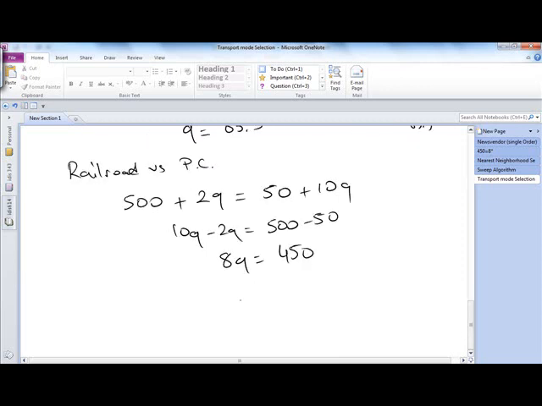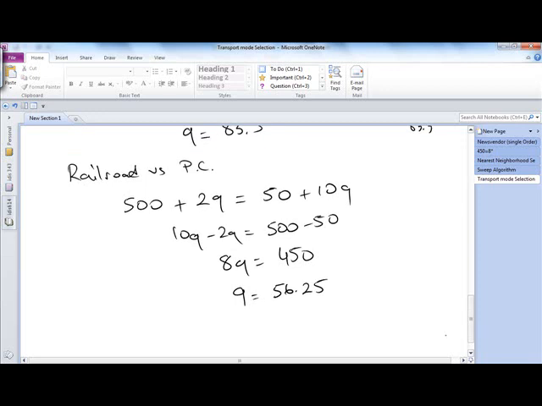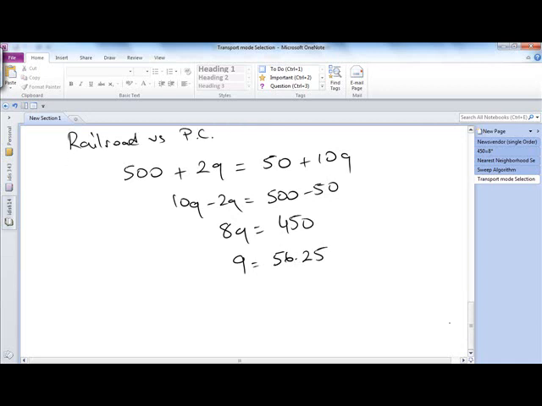If my calculations are correct, this is going to be 56.25, but double check the numbers, do not trust me. Below 56.25 it seems private carrier is cheaper. Above that number, railroad is cheaper. Again, we shouldn't do that pairwise comparison, but this is what that information tells me.